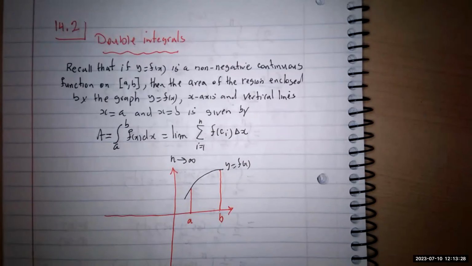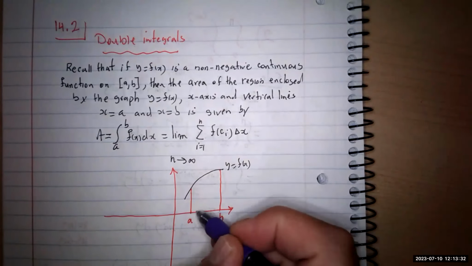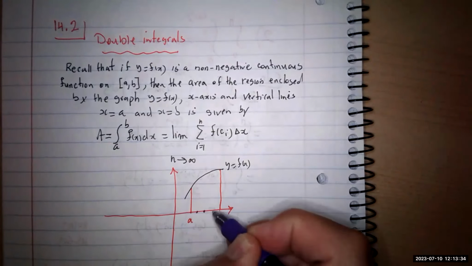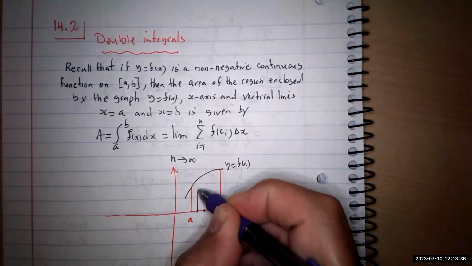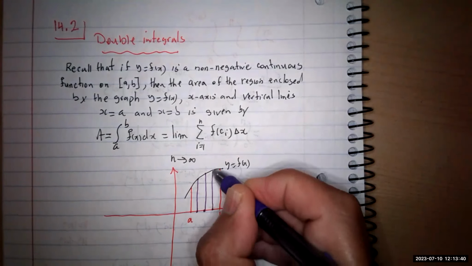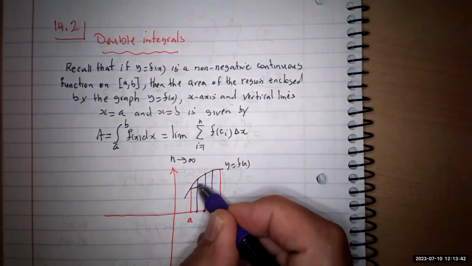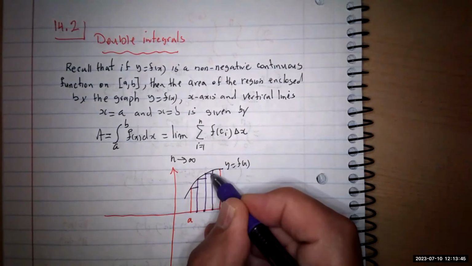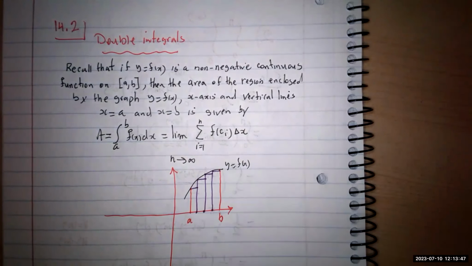Remember the way we do it, we partition it into equal parts or otherwise. So we slice it, and then we are going to cover it from inside or from outside by some rectangles.